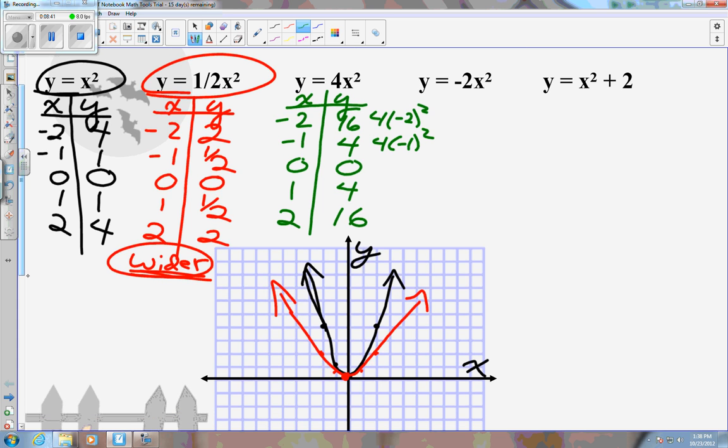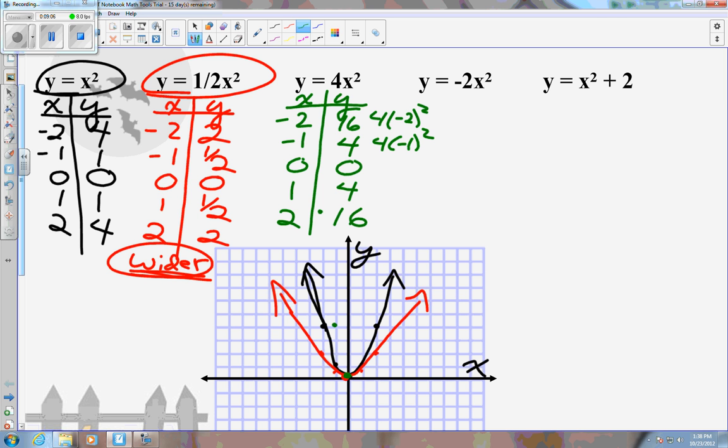So let's plot those points. Any predictions about what's going to happen? Okay, so if I've got -2, 16, well, the top of my grid is 10, so it's going to be up here. I've got -1, 4. I've got 0, 0.